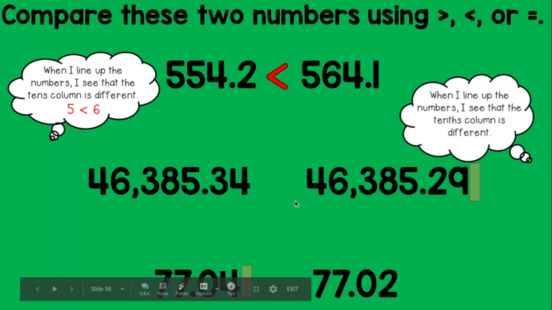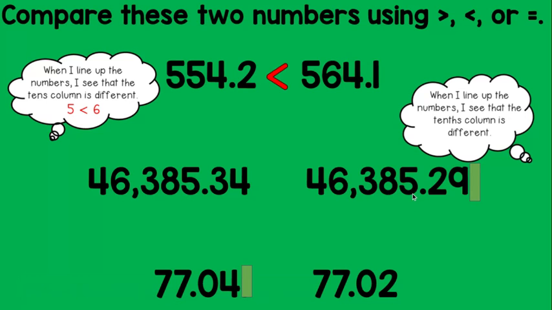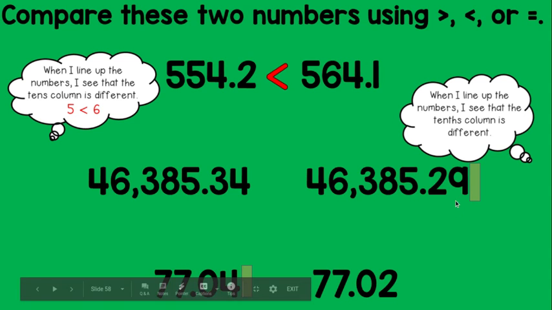We've got the 4s in the 10,000s place, the 6s both in the thousands place, the 3 in the hundreds place, the 8 in the tens place, the 5 in the ones place. Then we've got the tenths place. We've got a 3 in this tenths place and a 2 in this tenths place.